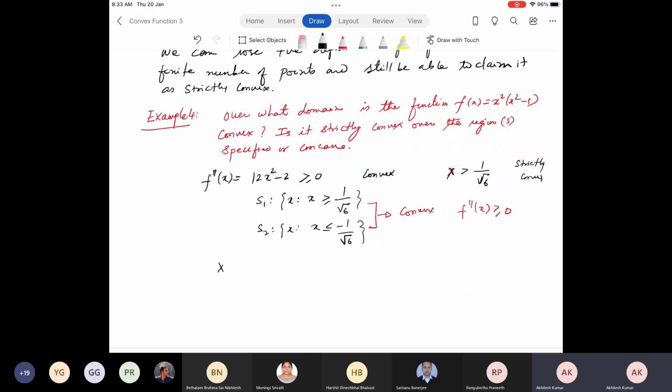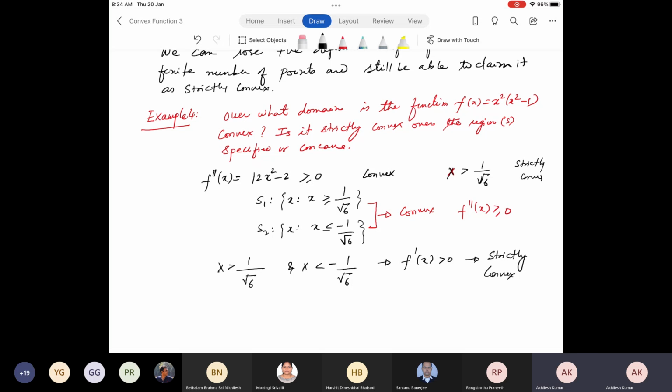What you were telling me earlier, x greater than 1 by root 6 and x less than minus 1 by root 6. There f''(x) will be greater than 0, so positive definite, so strictly convex. Does this make sense? Yes, sir.